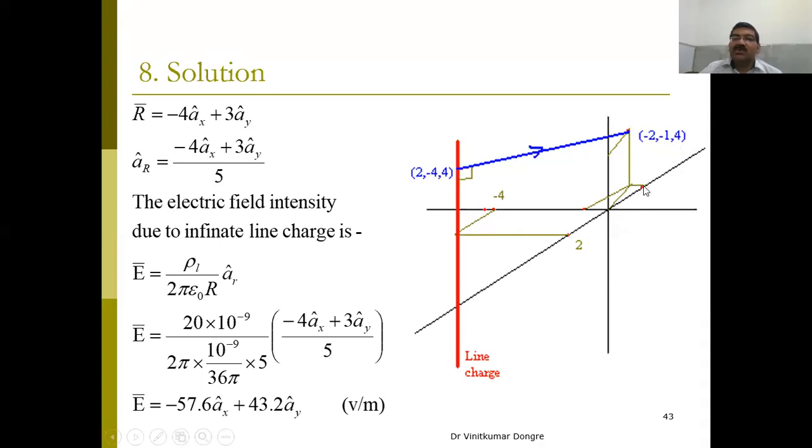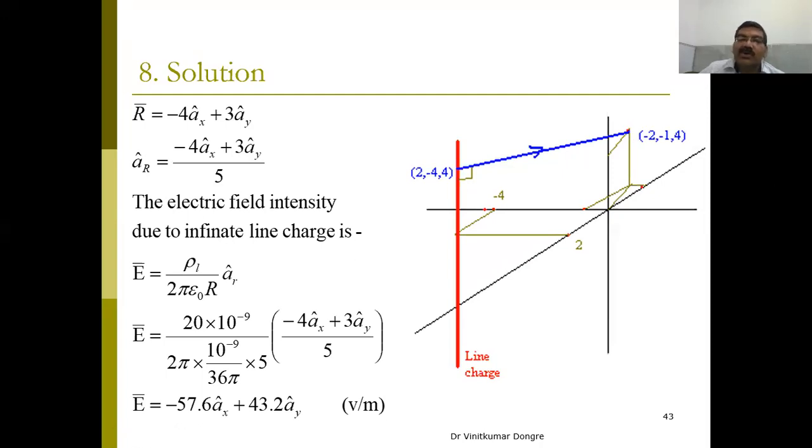So minus 2 on the x-axis, it will be on the back side, and minus 1 on the y-axis. So this will be the point minus 2, minus 1. You just do a diagonal and take a vertical line parallel to the z-axis of 4. So you will get this point, minus 2, minus 1, 4. So this point is there.